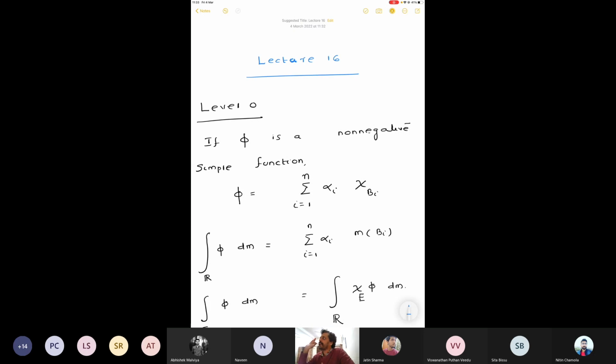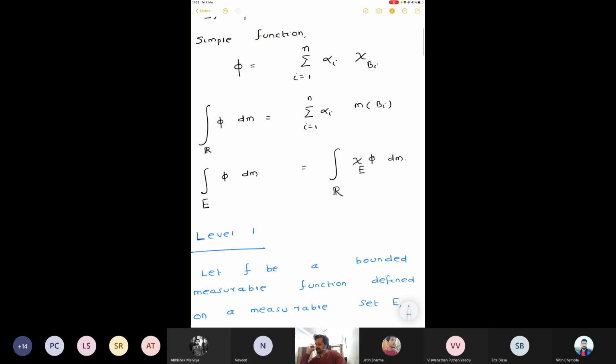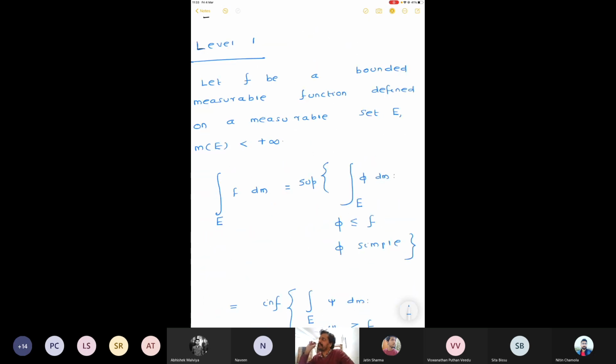So if that kind of issue does not arise, then we can define the integral of any simple function. Now in the next level, we went for a bounded measurable function. The simpleness condition we avoided, but there are some conditions like it should be bounded and defined on a measurable set with finite measure.